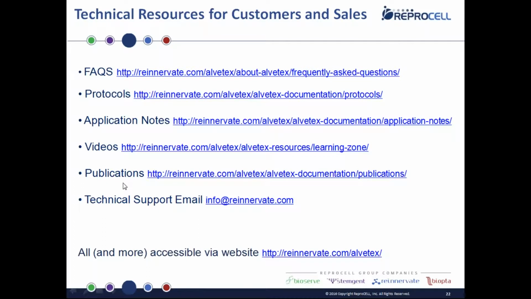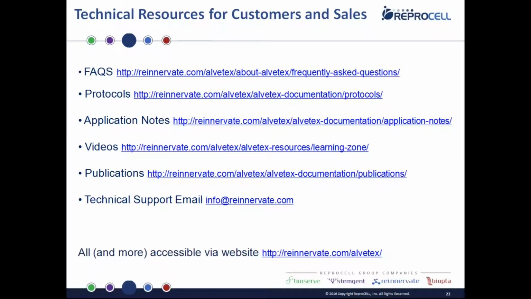In terms of publications, this is very important to us because our technology is very well supported, both by publications from our own lab originally, but more and more by customers, which is wonderful because these are people who are completely unrelated to us, use the product, found that it works, and have managed to publish it in a peer-reviewed journal.